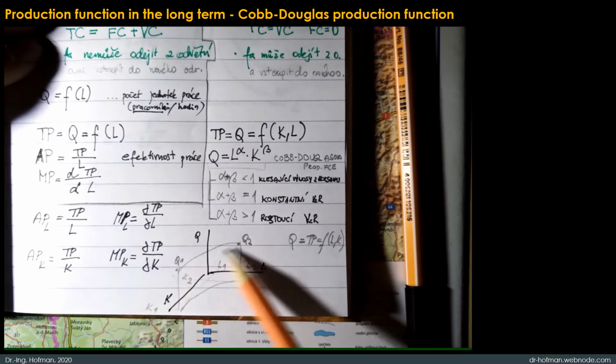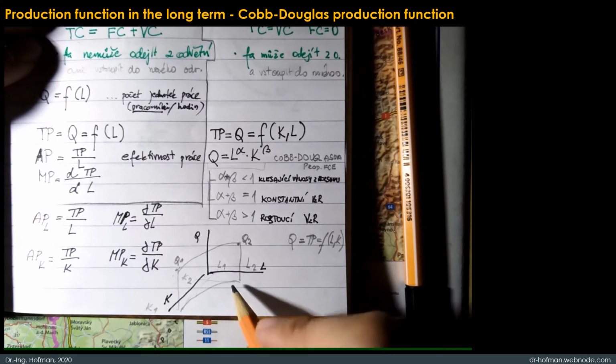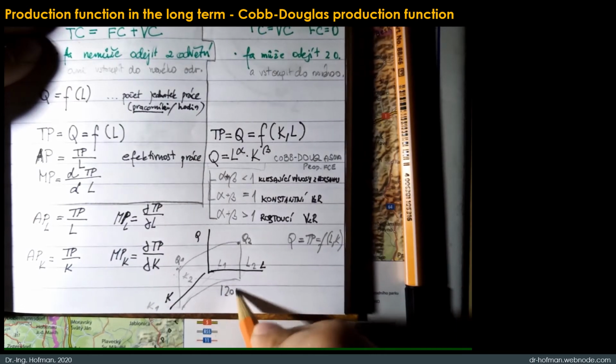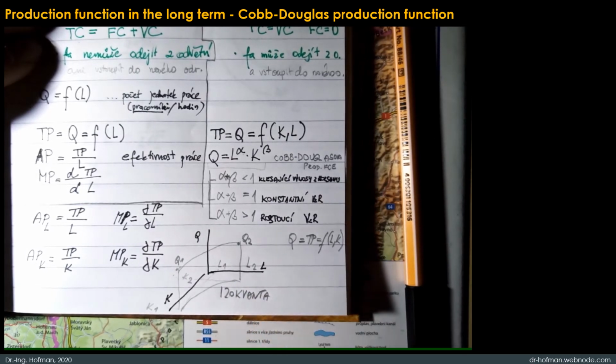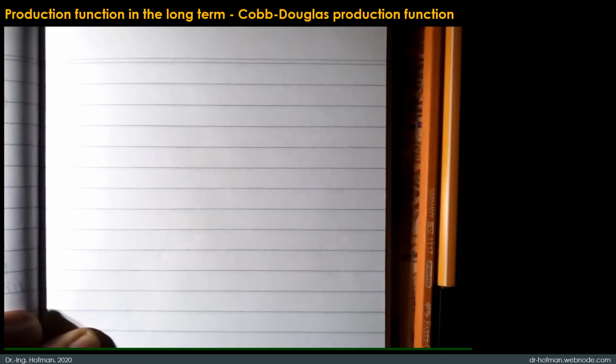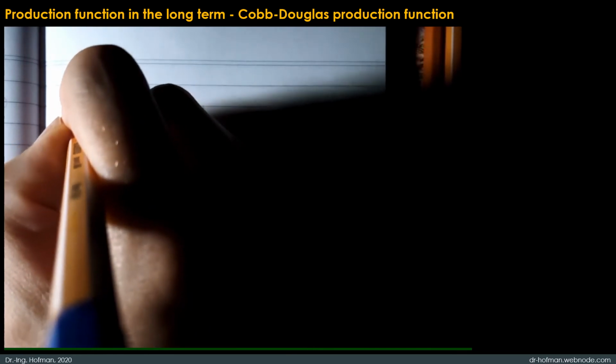If you join the points, there is the same level of the total production. We call them isoquants. Iso comes from a foreign language to English and means the same. So the same quantity.